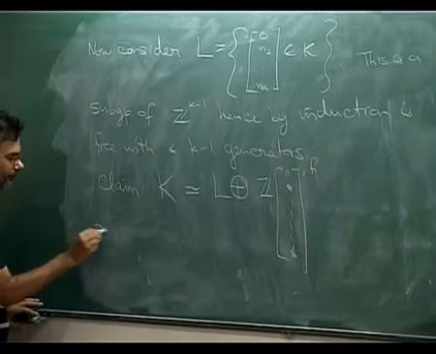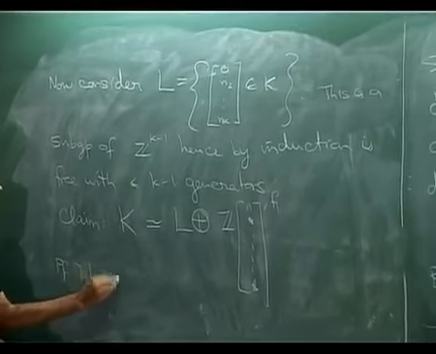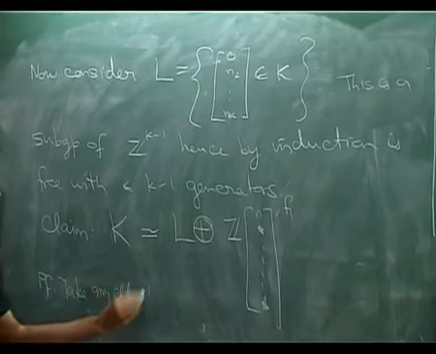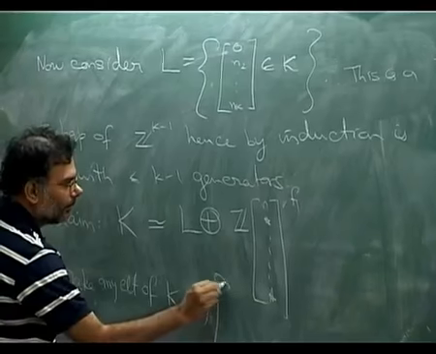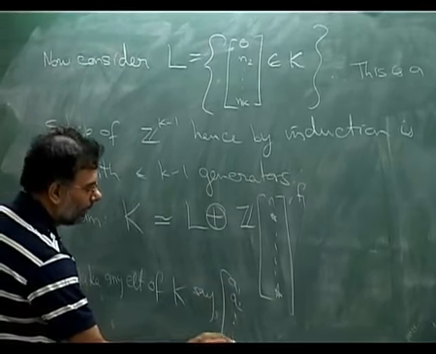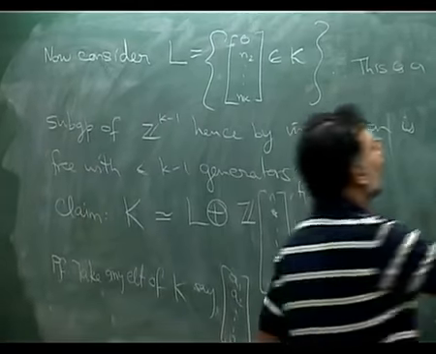So proof: take any element of K, say a1, a2, up to ak.